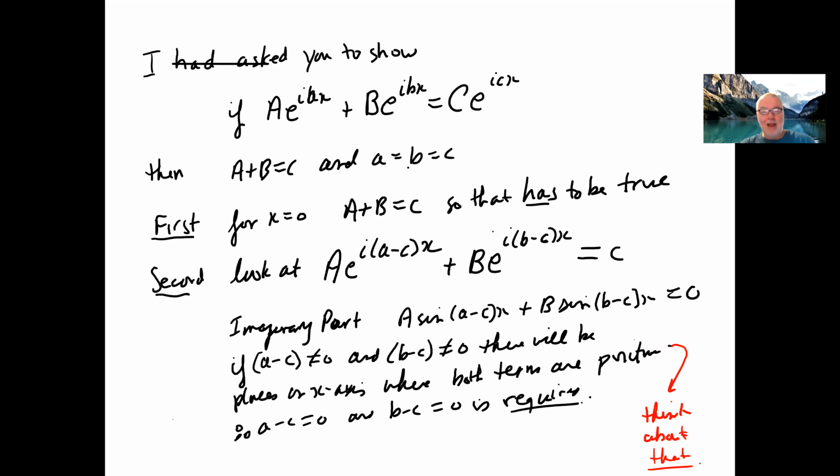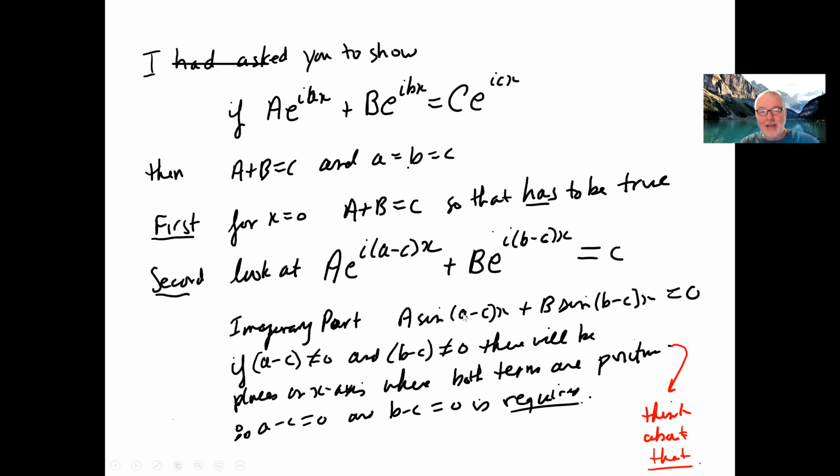If this number a minus c is not the same as this number b minus c, that statement will be true. And if both terms are positive, this cannot be true.